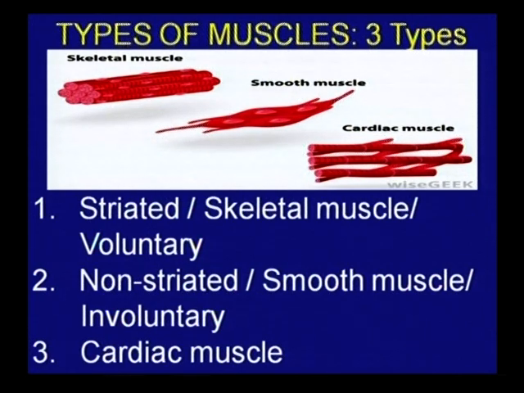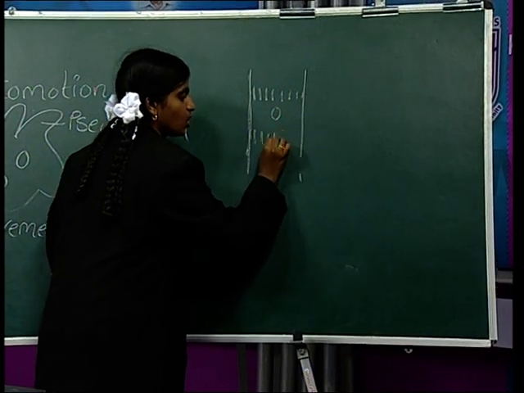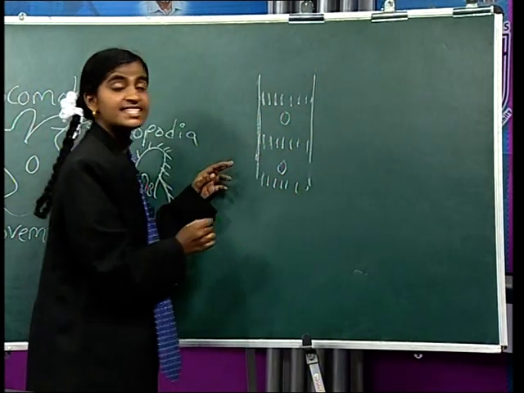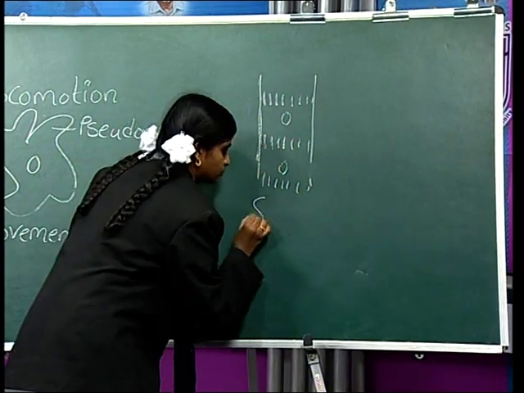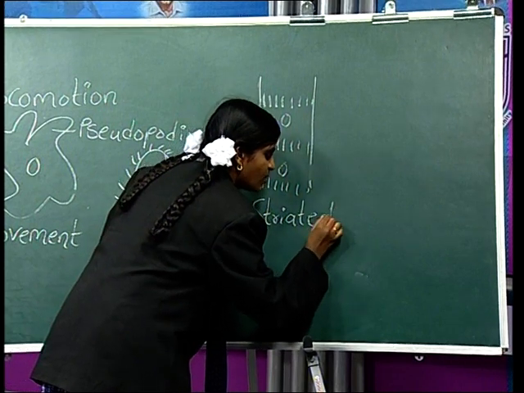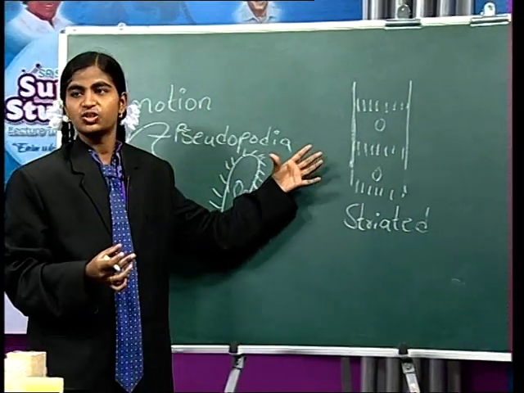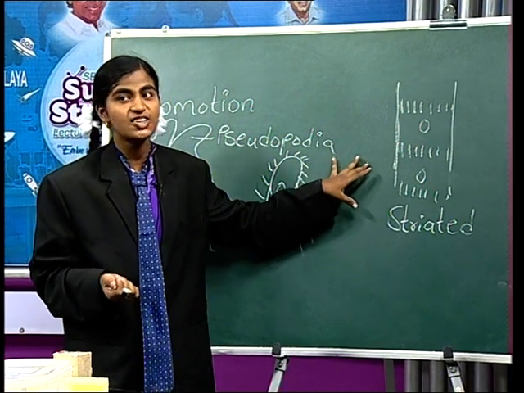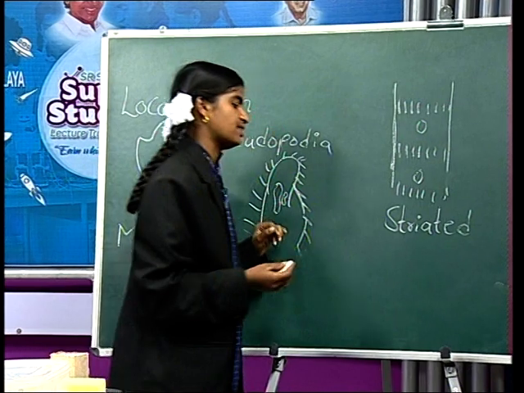So, these are the striations along with many nuclei. This type of muscles are called striated muscle. Friends, this striated muscle is generally attached to the bones with the help of tendons. So, this muscle is also called skeletal muscle.